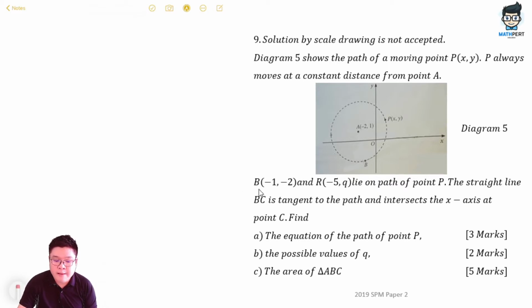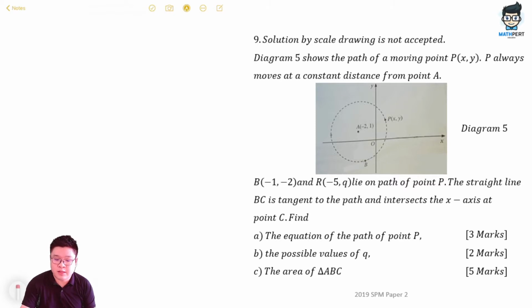We know that point B and point R lie on the path of P. Can we find the equation of the path of point P? We can use the distance between 2 points equation to find it. We know the center is (-2, 1), and point B is (-1, -2). So we can use this to find the radius.